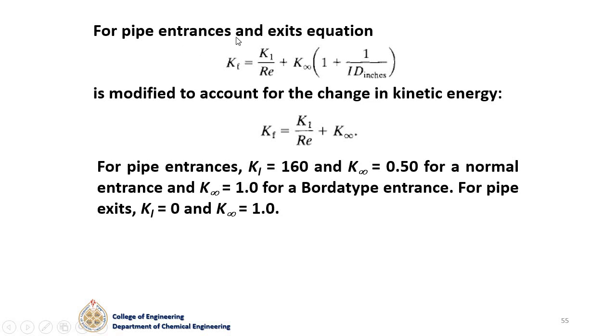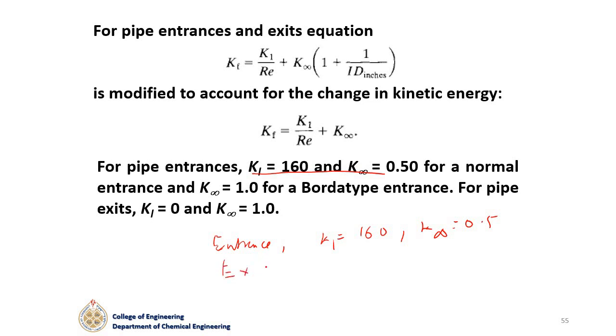Well, there are other Kf values from entrances and exits as well. So if it's an entrance, as you can see here, for pipe entrances, K1 is equal to 160 and K infinity is equal to 0.5.